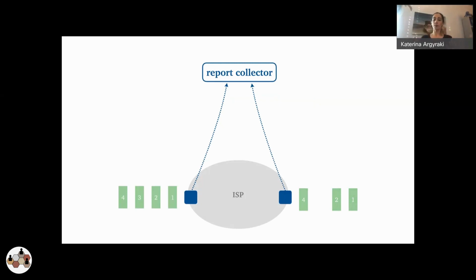Now, the ISP cannot report on every single packet, right? That would be very expensive. Instead, it applies some sampling function, and it picks a small subset of these packets. For the purposes of this talk, let's assume that it uses consistent sampling at the entry and exit, so it samples the same packets at its entry and exit.